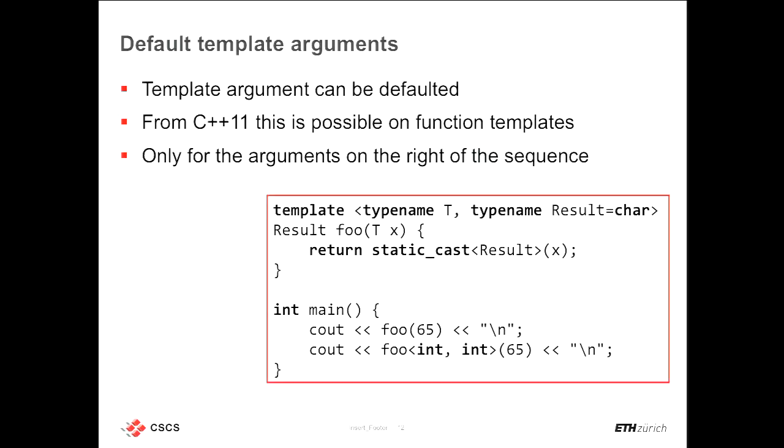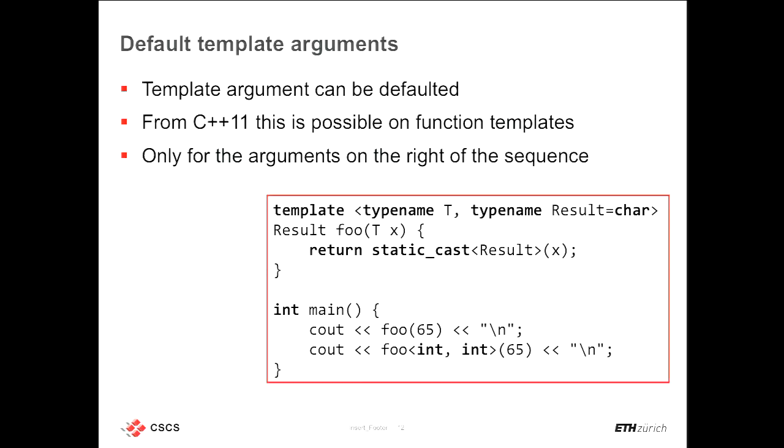Default template arguments. We have just seen an example of default template arguments. From C++11, you can have default template arguments on function templates. Before it was only for classes. Of course, it is valid only for arguments which are on the right, because the only ones that can be defaulted are the ones at the end of the list, not the ones before, like for function default arguments.